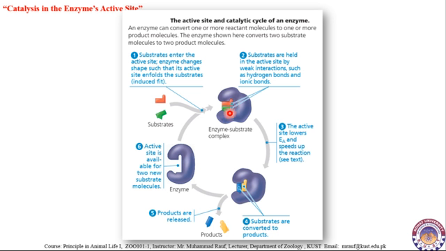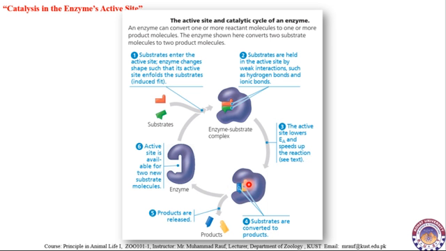The active site of the enzyme grasps strongly, or it puts a strong hold on the substrate, and as a result the bonds present in the substrate are destabilized, and thereby the active site lowers the activation energy and speeds up the reaction.